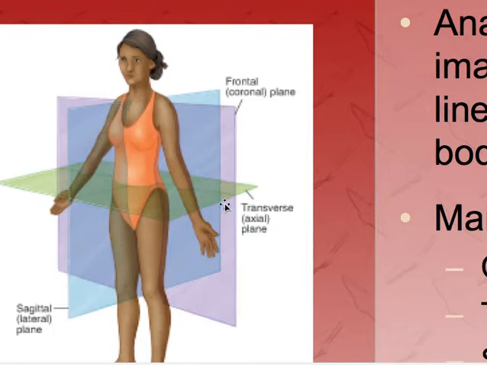Then you have a transverse plane that goes through the middle of the body this way at the umbilicus, dividing the upper and lower halves. So the sagittal plane divides the left and right halves. The transverse plane does the upper and lower. And the frontal plane, or the coronal, divides the front from the back. It goes through the shoulders all the way down, and it divides your anterior and posterior.